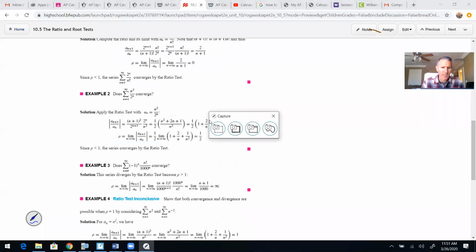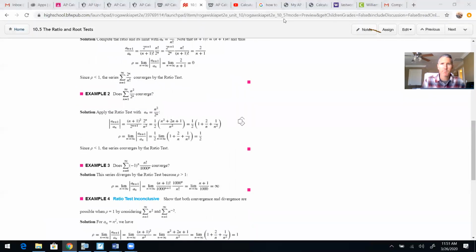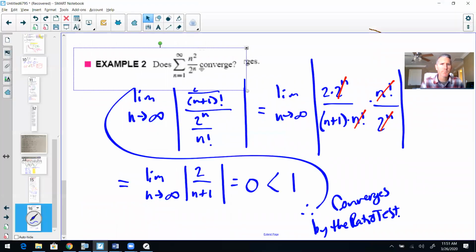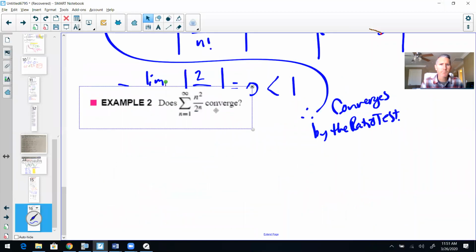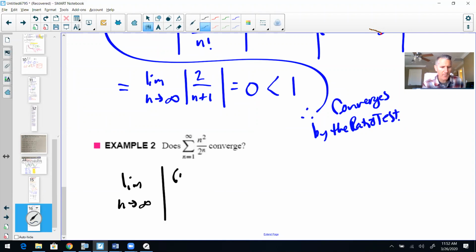Let's just look at the next example. Example 2. So here we have, very quickly, the limit as n approaches infinity of the opposite value of, so this becomes (n plus 1) squared over 2 to the n plus 1, which I'm going to call 2 times 2 to the n, divided by the nth term, or times the reciprocal of the nth term, right?